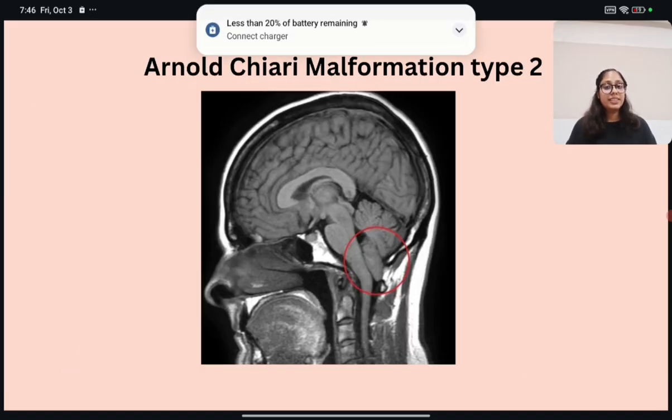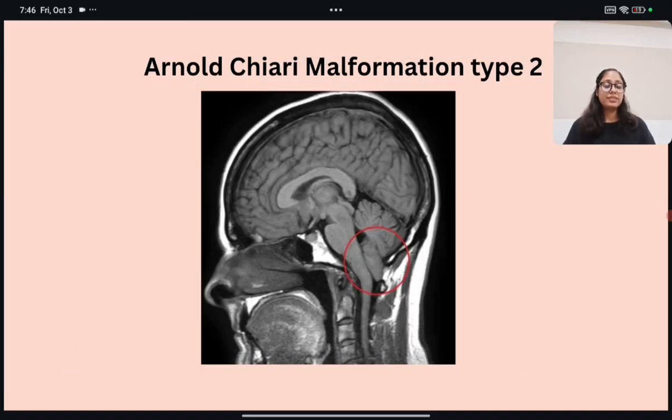Now, the next cause of hydrocephalus is Arnold-Chiari malformation. I have already explained Arnold-Chiari malformation in more detail in neural tube defects, but I'll tell you some points about why it is leading to hydrocephalus. In Arnold-Chiari malformation, we have two types, type 1 and type 2.